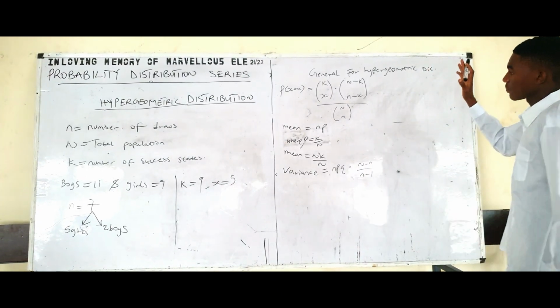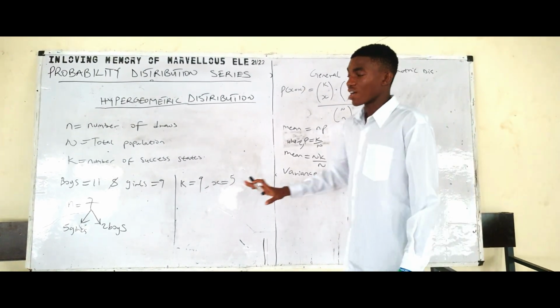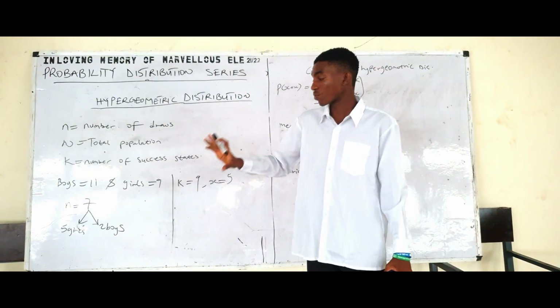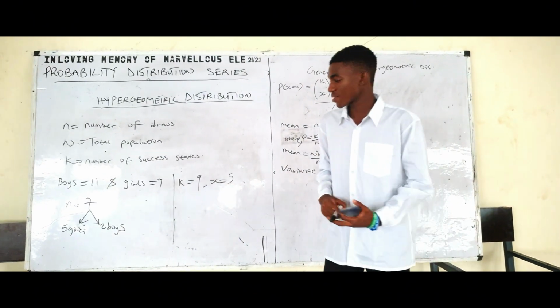So these are the properties of the hypergeometric distribution, explained using a scenario. Now let's solve problems.